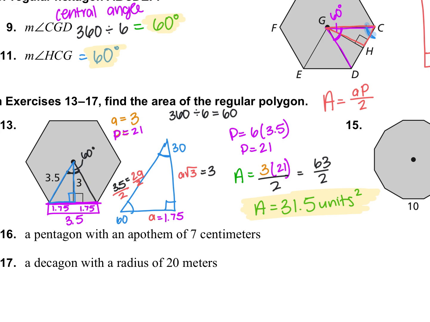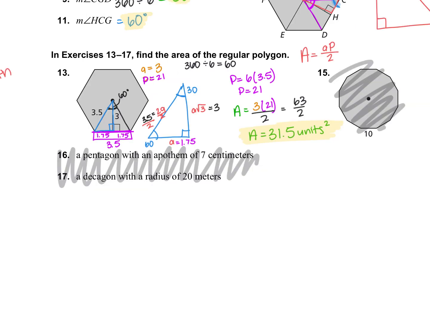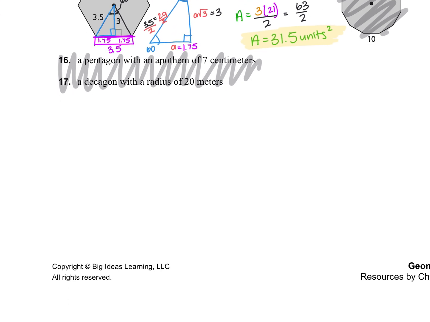So, questions, comments, concerns? All right, last question that we're gonna do. Just as a practice, you have a square with a diagonal line that's 10.